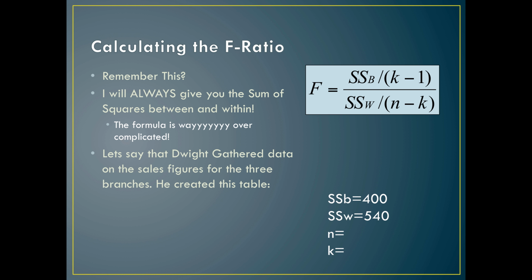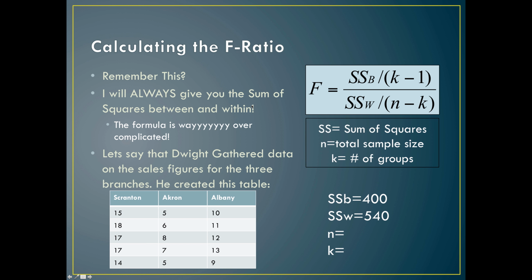In this particular case, I'm giving you the SSB and I'm telling you it's 400. Your SSW is 540. And let's see what your N and your K are. This is the data that you have. You know that you have one, two, three branches, so this is your number of groups. And in every branch, you have one, two, three, four, five participants.